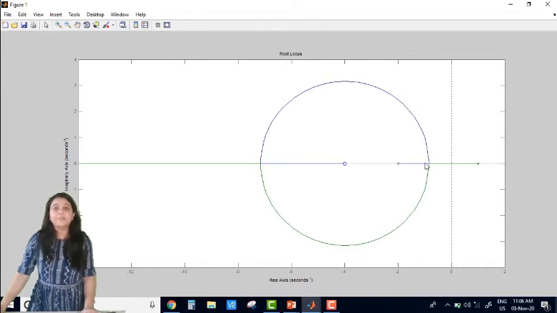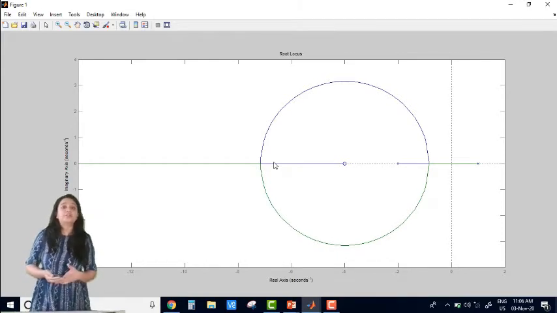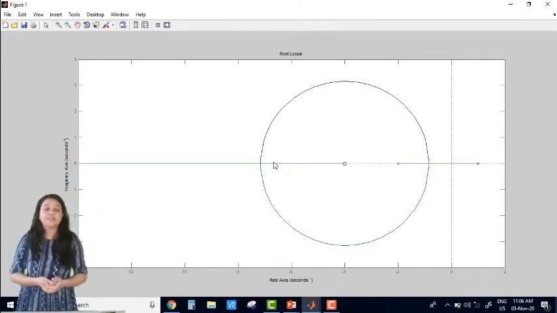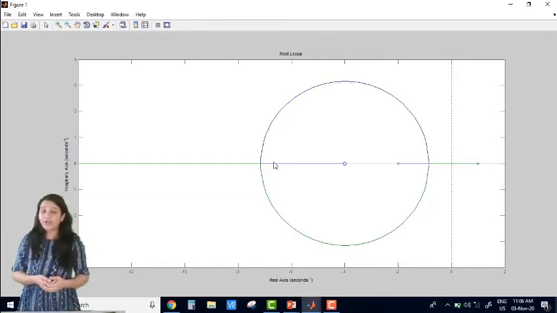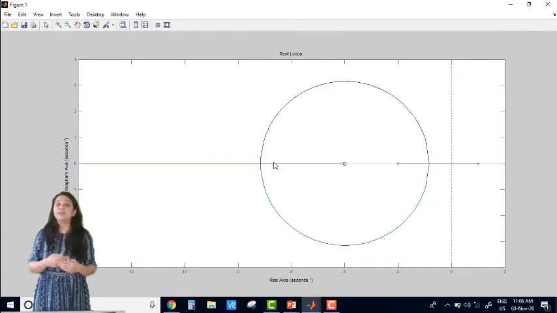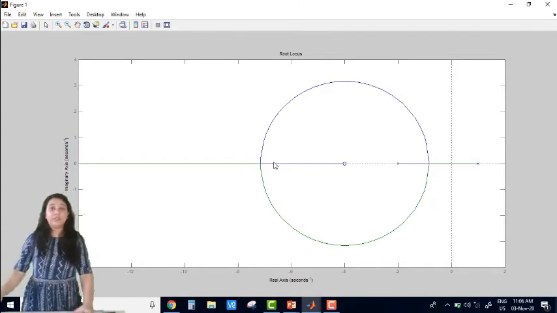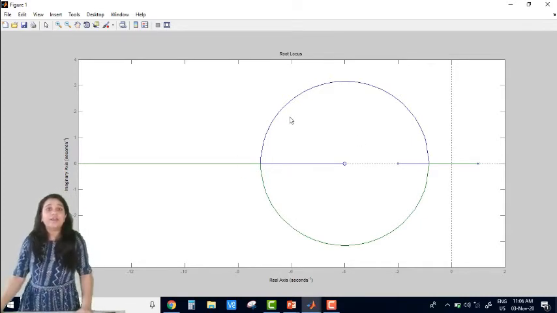The dotted line shows the area that is not root locus, and the dark line is the root locus area. Whenever we find the center point of the system, the angle of the asymptote, the number of poles and zeros, then we have to find the value of s, the imaginary value of s, and the value of gain, and then we find the root locus.